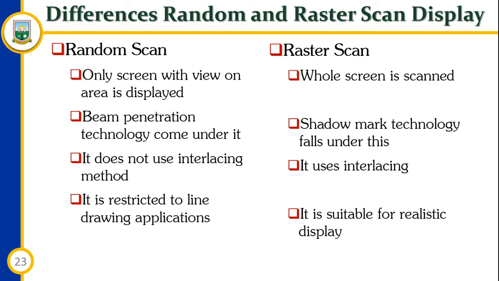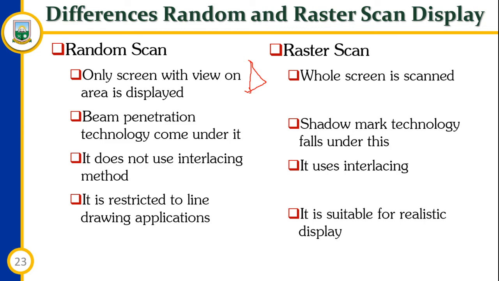Only the screen with the view area is displayed in the random scan, whereas in the raster scan the whole screen is scanned. So as I explained, when we're drawing the triangle, it's only the screen with the view, or the object that we want to draw, that is displayed on the screen.